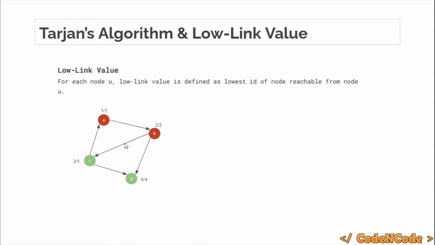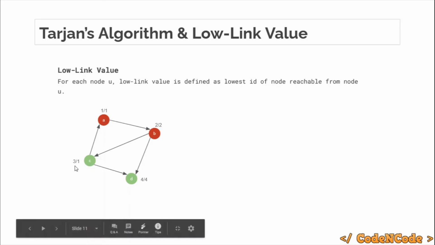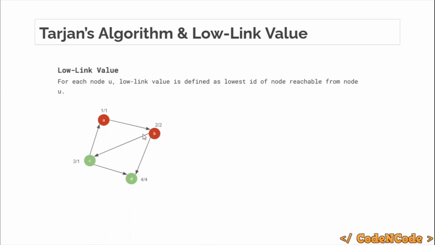Because for node B, C was not visited, so you made a DFS call, and after the DFS call you minimize your low link value with its low link value. So the low link value of B would be updated to 1.